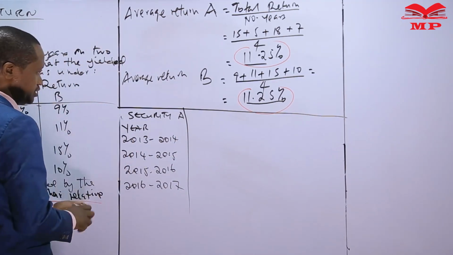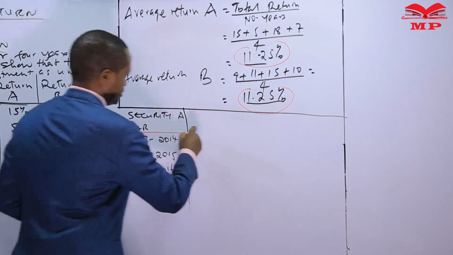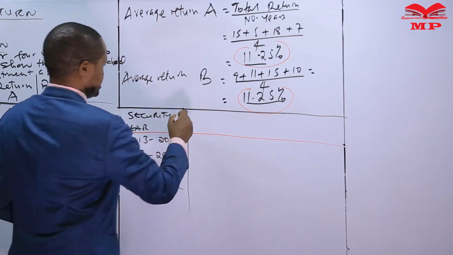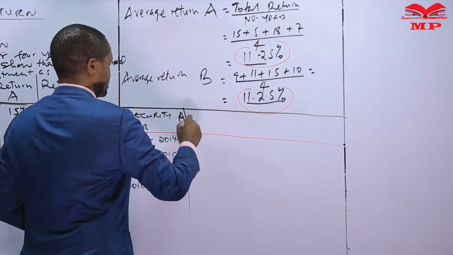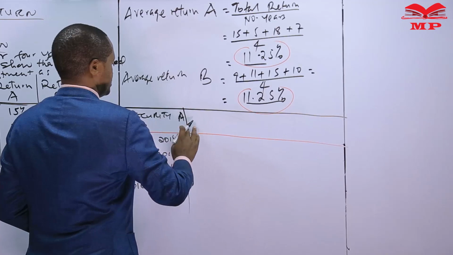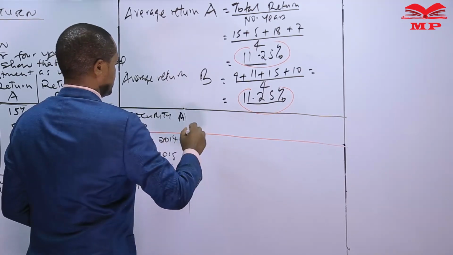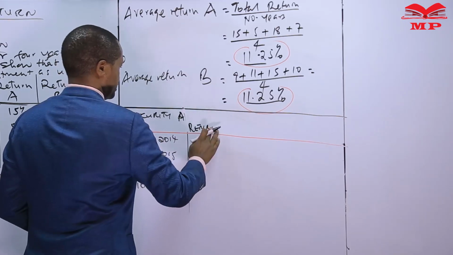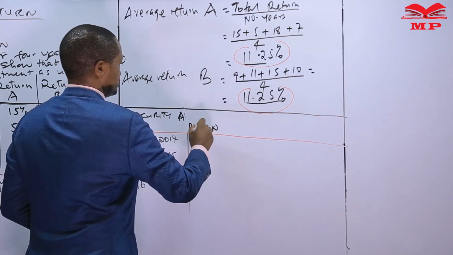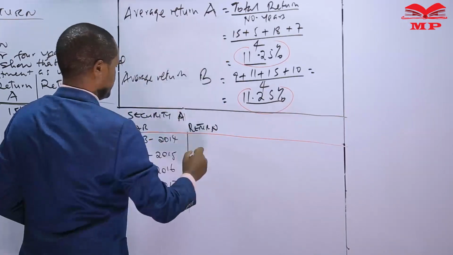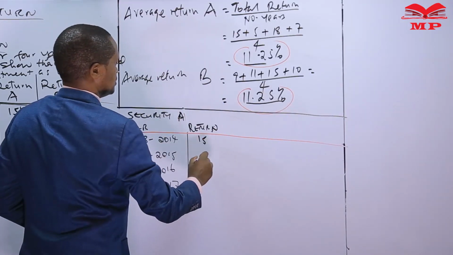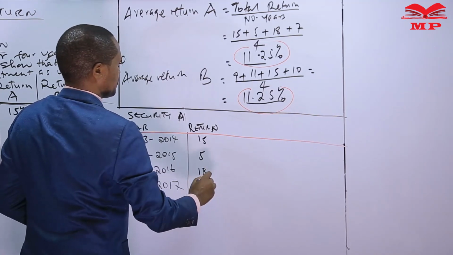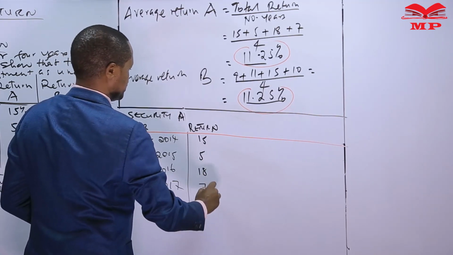Let me use the red pen here. The next column is the returns, as shown in the question: 15%, 5%, 18%, and 7%.